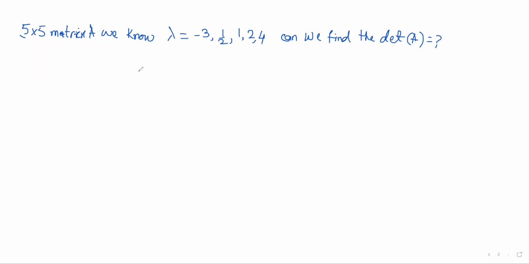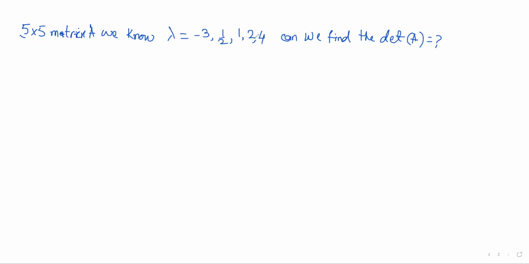So the answer is yes, maybe we can try. Since we have these 5 eigenvalues, all eigenvalues are different. They are not repeating: -3, 1/2, 1, 2, 4.